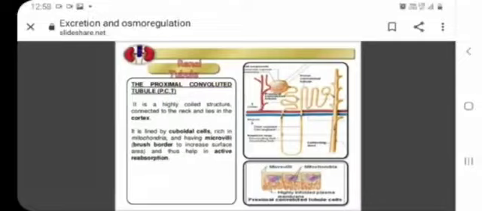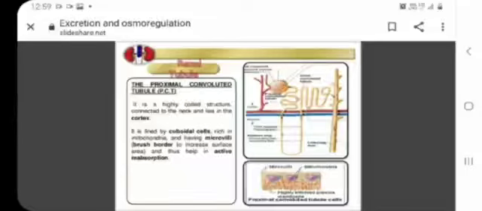The renal tubule is made up of, we know, the proximal convoluted tubule, the Henle's loop, and the distal convoluted tubule.